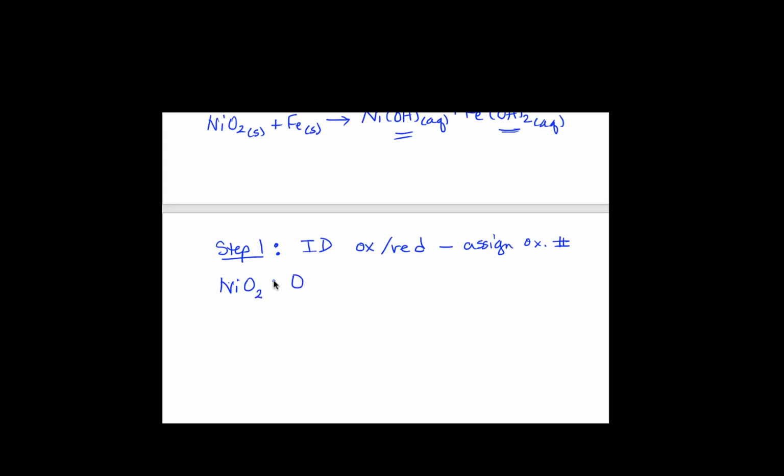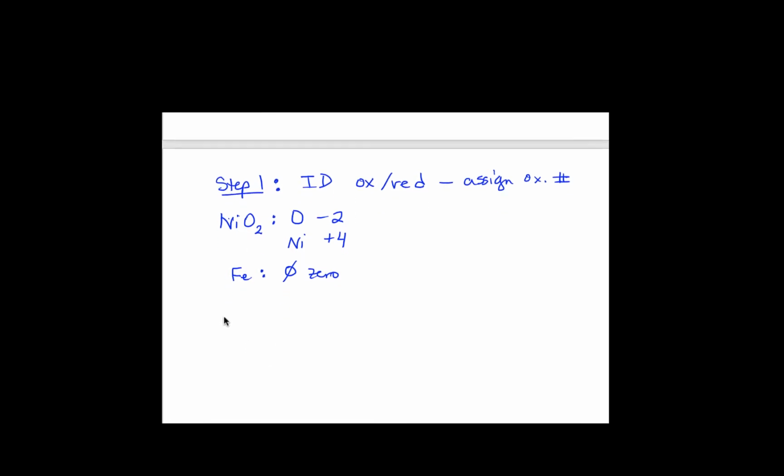Nickel oxide. I know that my oxygen is probably going to be a -2. So the nickel will be a +4. Iron is a pure elemental form, so it will have a 0. Nickel hydroxide. I know that the OH- ion has a -1 charge, so my nickel is going to be +2, and then oxygen will be -2 as usual, and hydrogen will be +1 as usual.